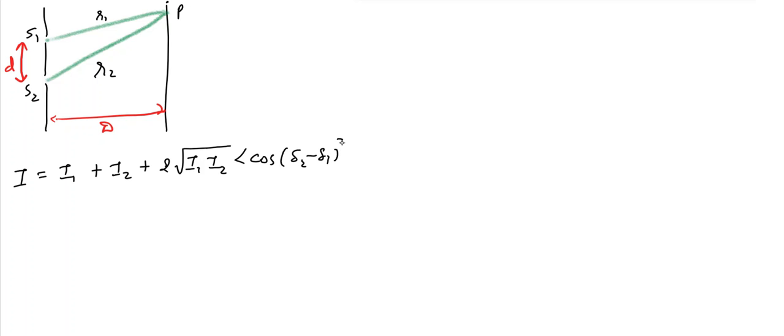What is delta 2? What is delta 1? Delta 2 and delta 1 are phases of the first wave and second wave. And how do we find the average of cos delta?